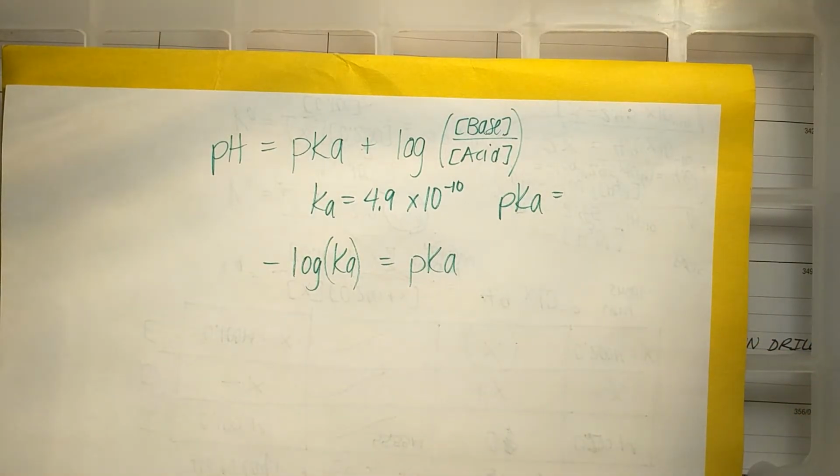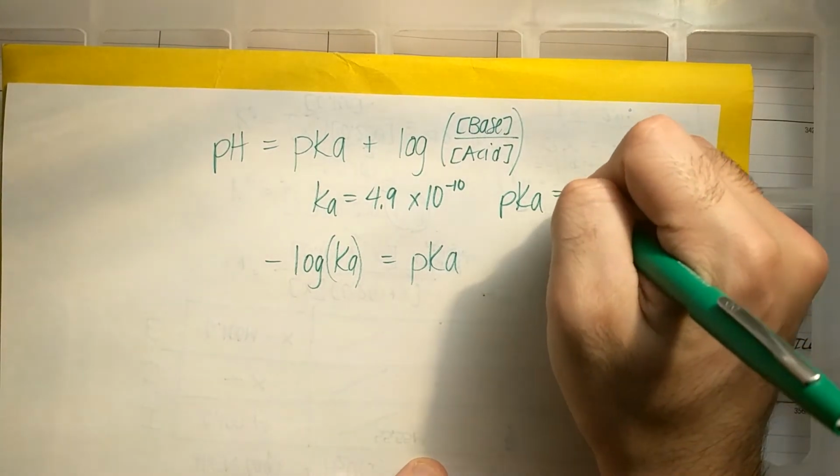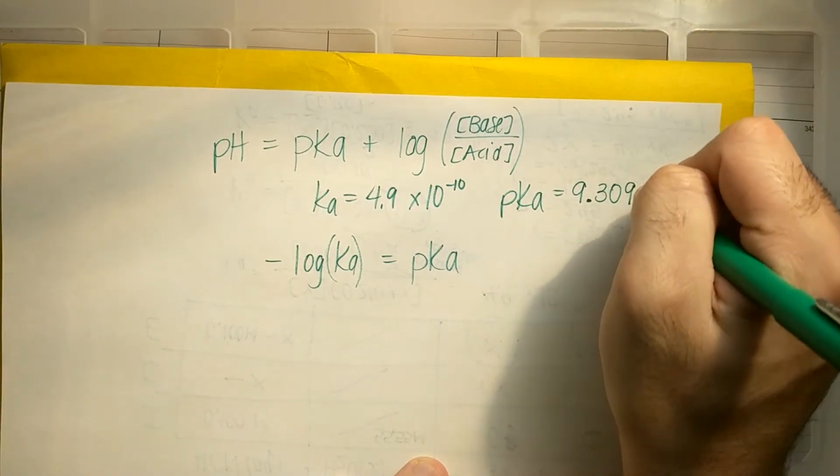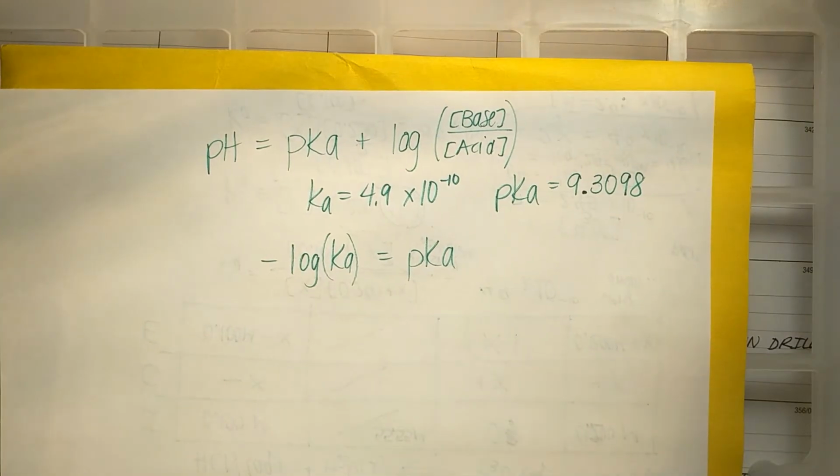So the negative log of 4.9 times 10 raised to the minus 10 is equal to 9.3098. I'm going to just keep all those sig figs in there.